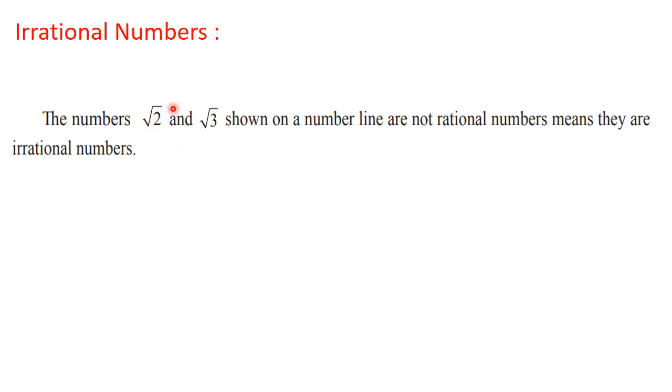But here the square root of 2 is not a natural number, not a whole number, and not an integer either. So this one is an irrational number. These numbers we can show on the number line, but they are not rational, so they are called irrational numbers. Now let us take the help of the number line to understand it better.